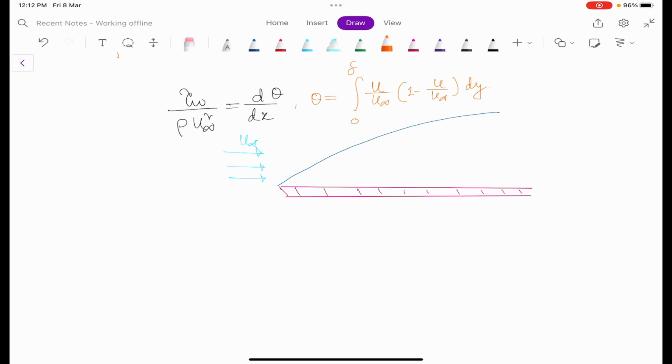Now you see that if there is a section like this and you assume any profile, this profile is not the exact profile. So what we are doing is we are integrating the profile. In integration, the errors within the function will be nullified.